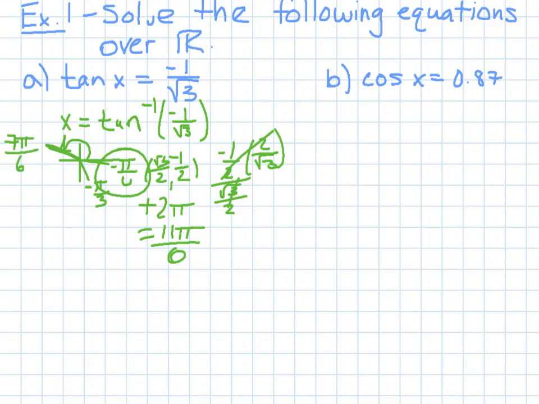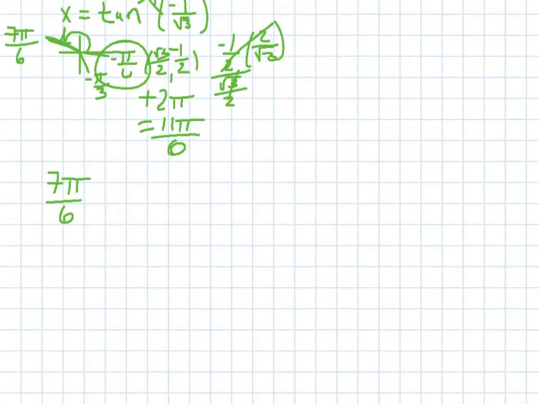Now, because we're not really thinking about the inverse tangent of this, I can use angles that are not in the restricted domain for inverses, because I'm looking for all solutions. So 7 pi over 6 and 11 pi over 6 give me those answers. If I wanted to talk about all reals, both of these would be correct answers.